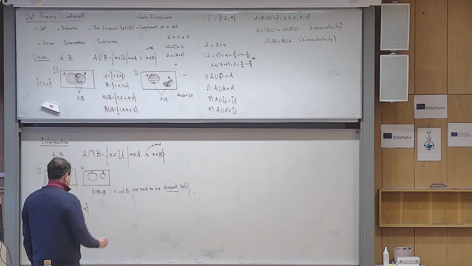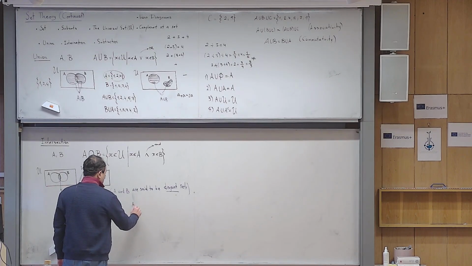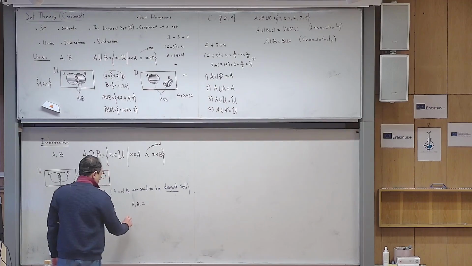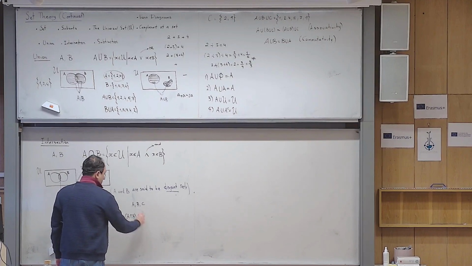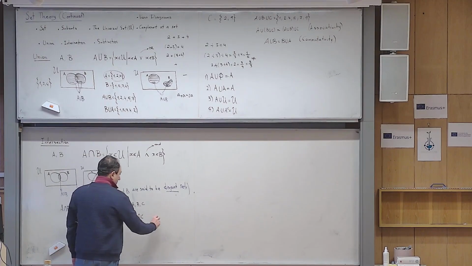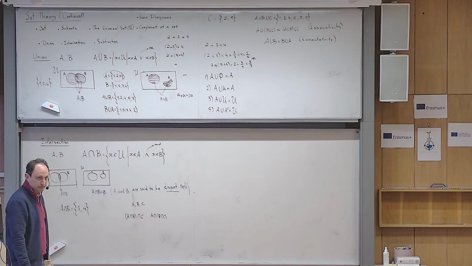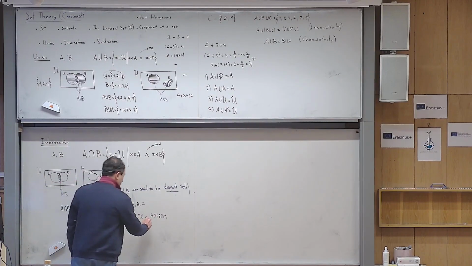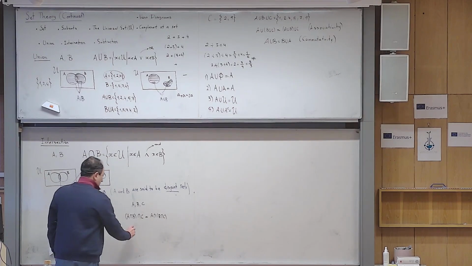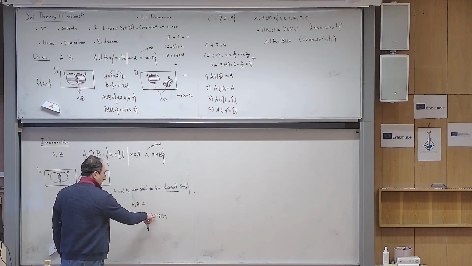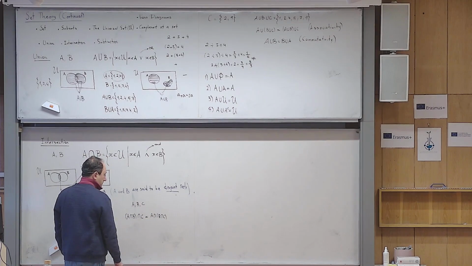This sentence means that if someone gives you 3 sets, it doesn't matter if you intersect A and B first and find the answer and intersect it with C, or you intersect B and C first and then intersect it with A. Do you think that the results will be the same? Yes, the results will be the same. Hopefully you are convinced. And so this means that this operation is also associative.